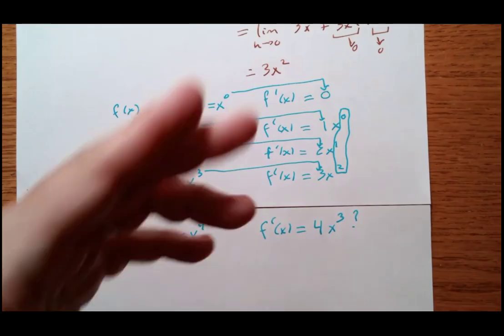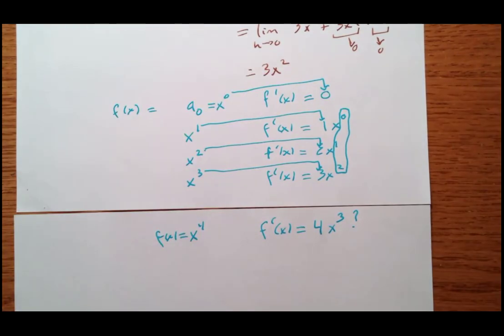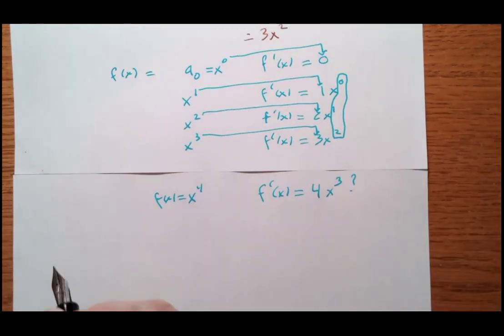Sounds like a great idea. Looks like it fits our pattern. This is not a proof. This is a good hunch. So let's try it and see if our hunch is correct.